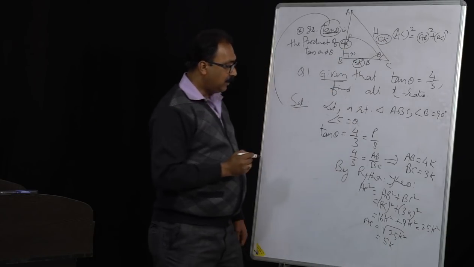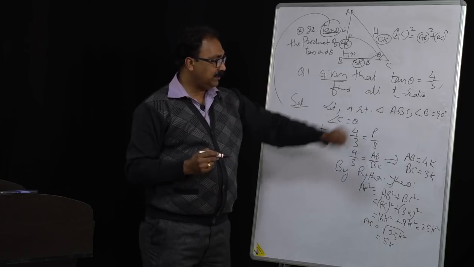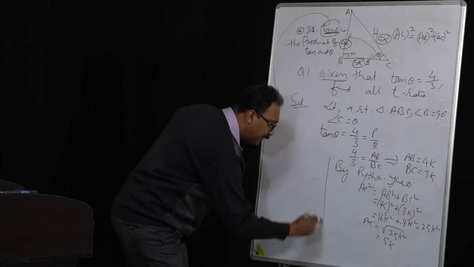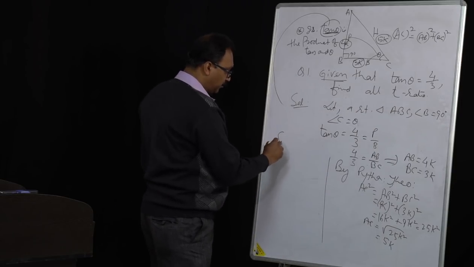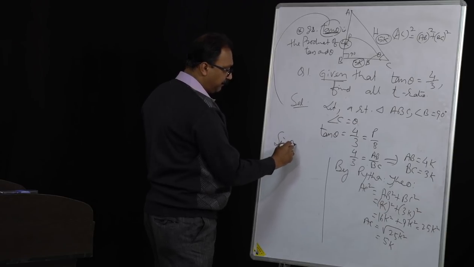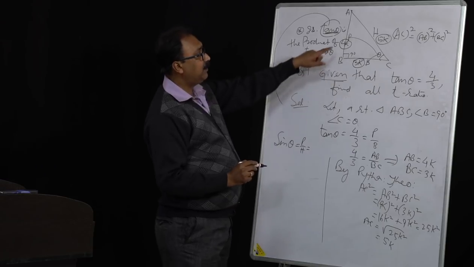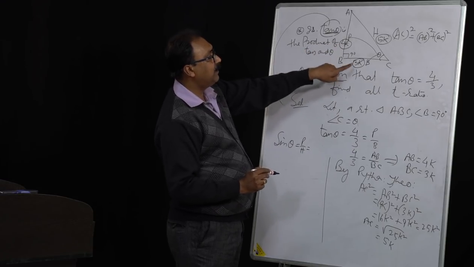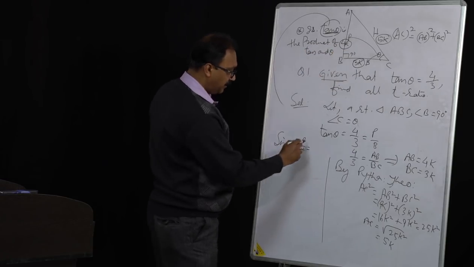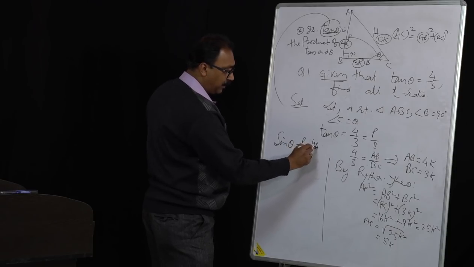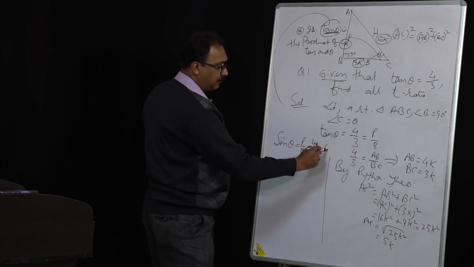Got it? Now they are asking to find all the T ratios. So after finishing this, you can find all the T ratios. Sin theta is P by H. What is the perpendicular here? See here, 4K, and H is 5K. So 4K by 5K, K cancels, you will get 4 by 5.